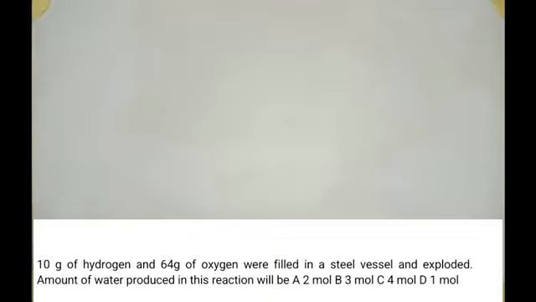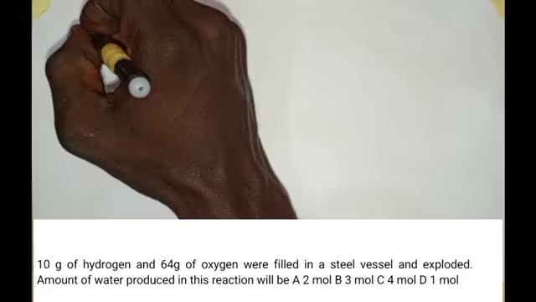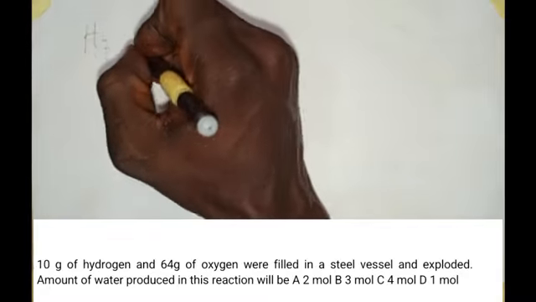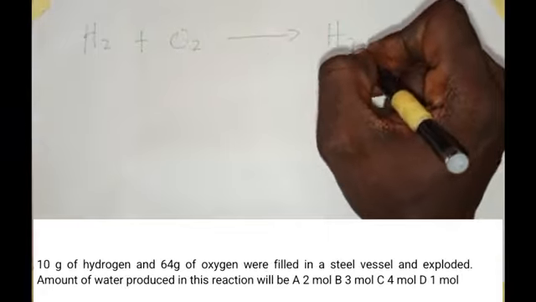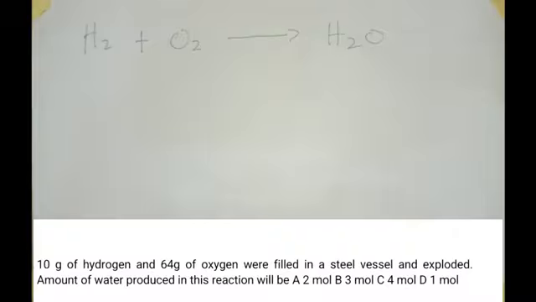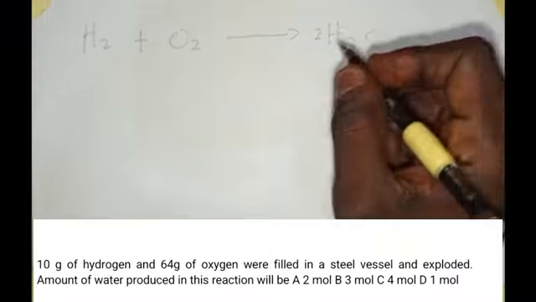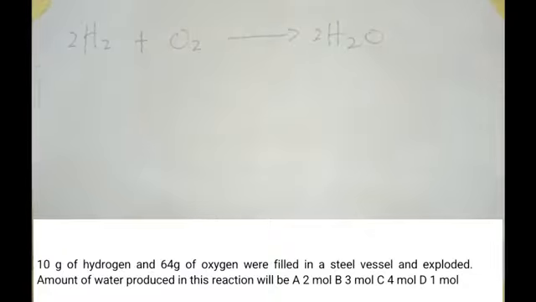So we have that hydrogen gas, that is H2, combined with oxygen gas to give us water, H2O. Let's balance the equation first. So I'll put a 2 here to balance oxygens, and I'll put a 2 here to balance hydrogens. That's the balanced equation.